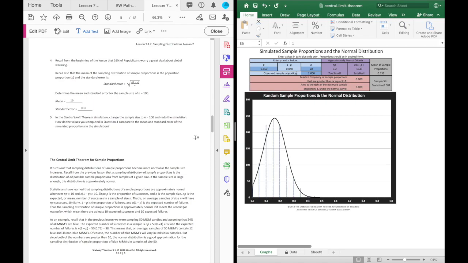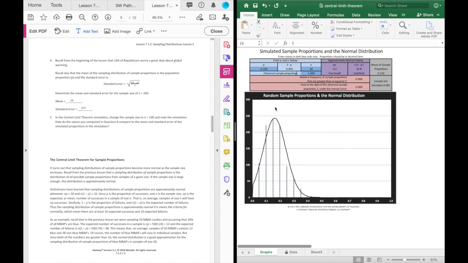We're going to look at number 5 now, and this does require the simulation, so I've pulled it back up. In the central limit theorem simulation, change the sample size to n equals 100 and redo the simulation. How do the values that we computed in question 4 compare to the mean and standard error of the simulated proportions in the simulation? Again, these are the values that we calculated, which should be the theoretical perfect values.